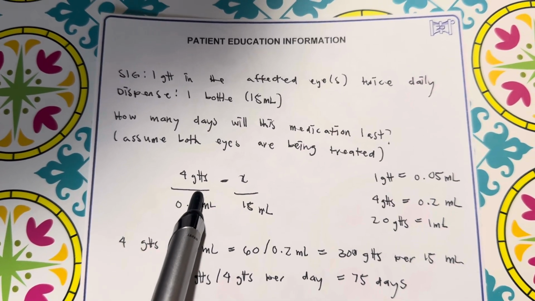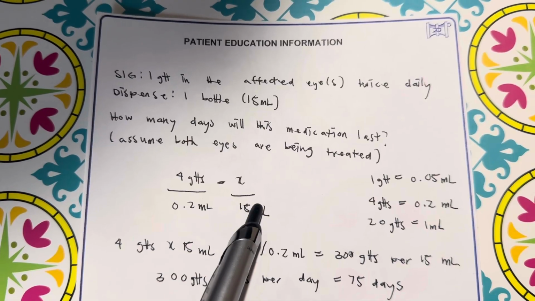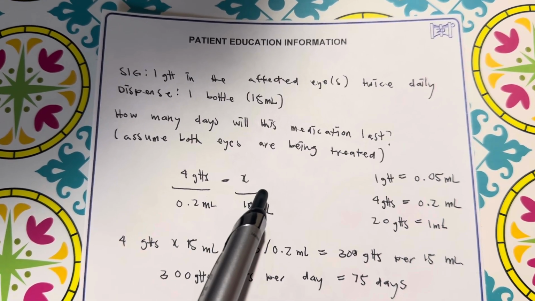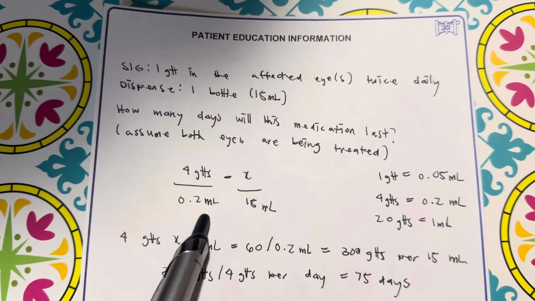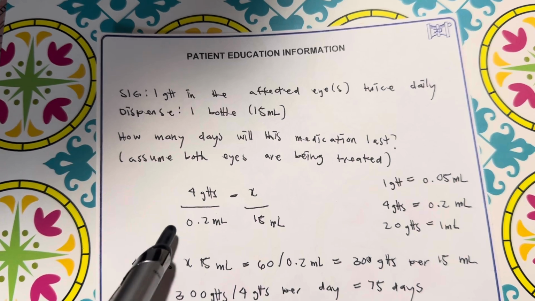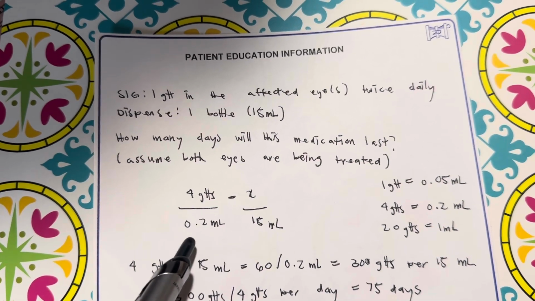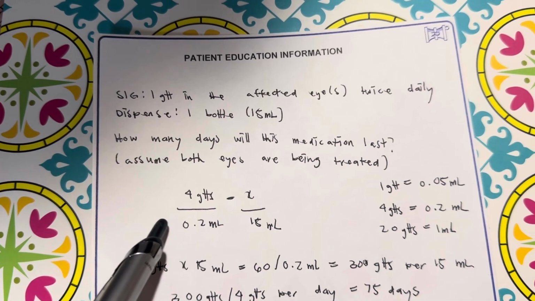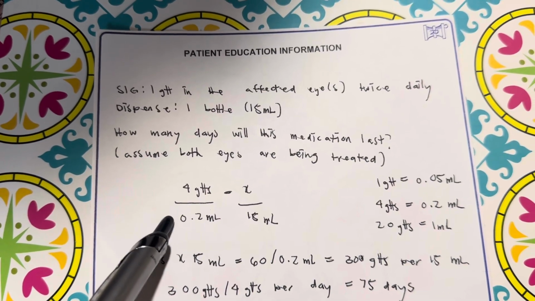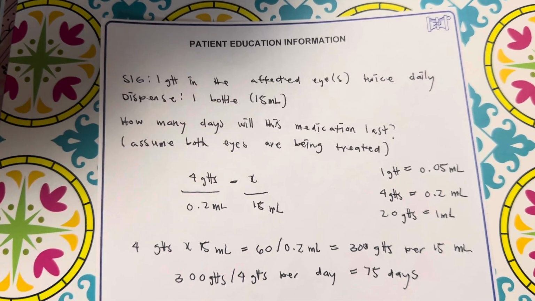You'll have to match up the units of measurement. If they're not the same, the answer won't be correct. And then you can read it this way too: 4 drops over 0.2 milliliters, because that conversion is the equivalency. 4 drops is equal to 0.2 milliliters.